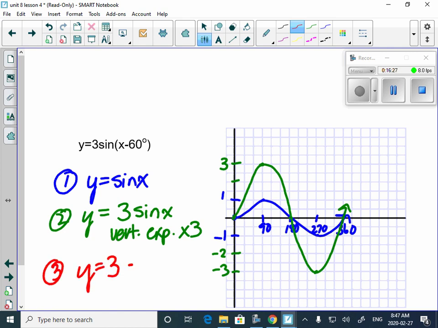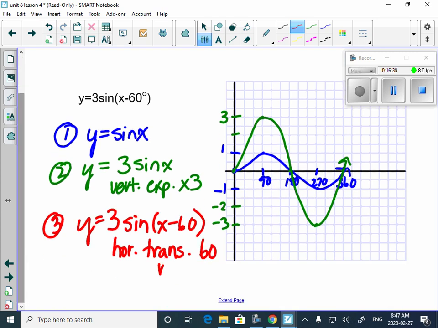Last is I have in brackets x minus 60. So in brackets means it's a horizontal change, and I have a horizontal translation, 60 to the right. So this entire green function is moved 2 to the right, 2, 2, 2, 2.